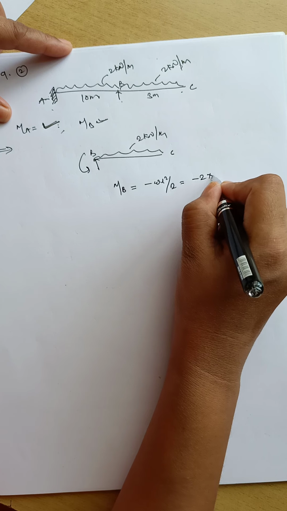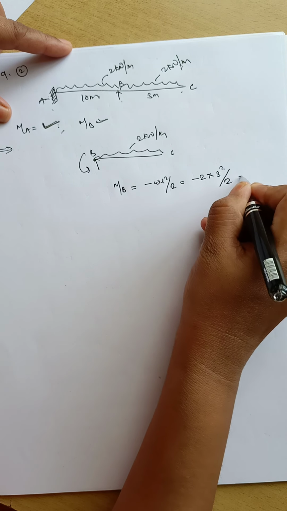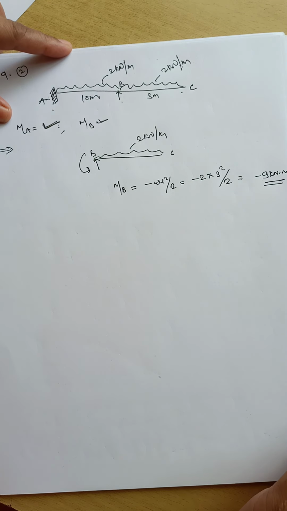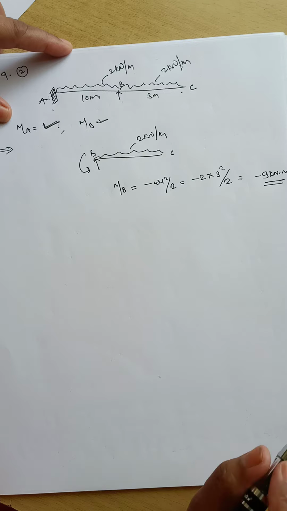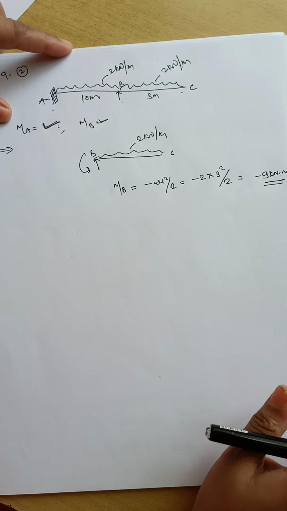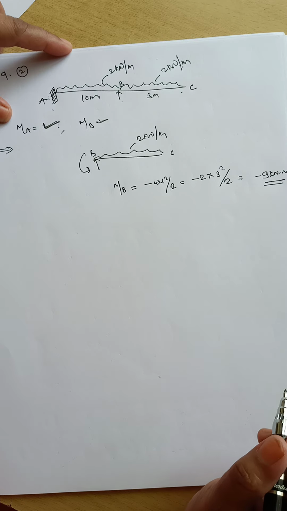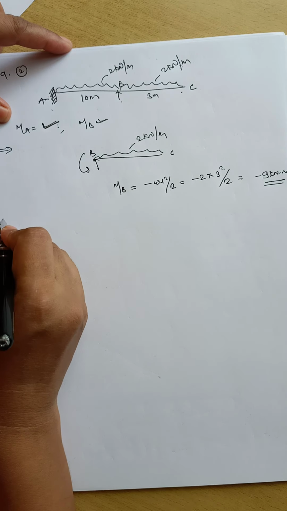So minus 2 into 3 square by 2 is equal to minus 9 kilonewton meter. That is the moment at B. If the overhang portion is there, solve it separately. Don't draw the BMD, directly solve the equation.